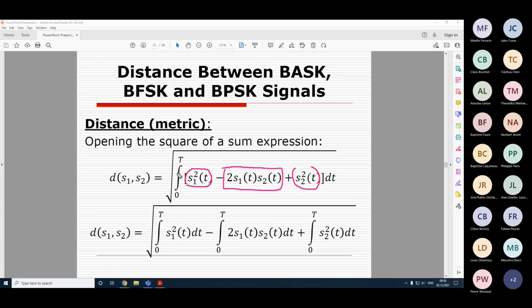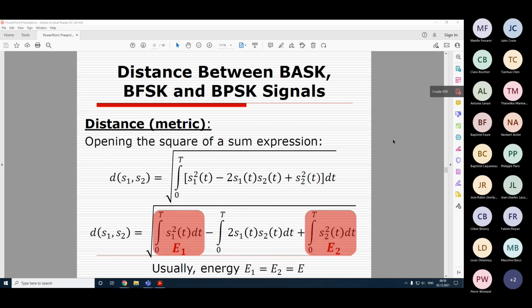Also, we can separate this single integral of these three values into three integrals: integral 1 for A, plus integral 2 for B, plus integral 3 for C. This is the property of integrals, and we are going to do just that. Actually, if we look closer at this integral, this is the energy of the signal, and this is also the energy of the signal.